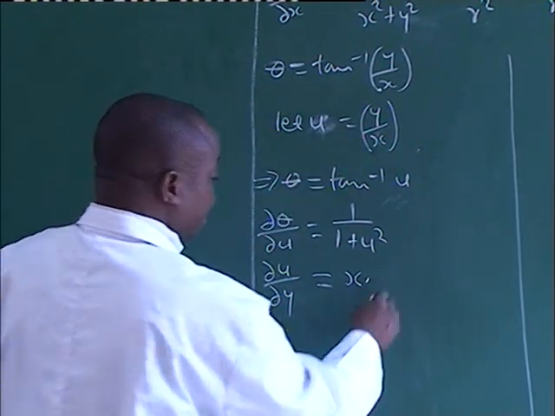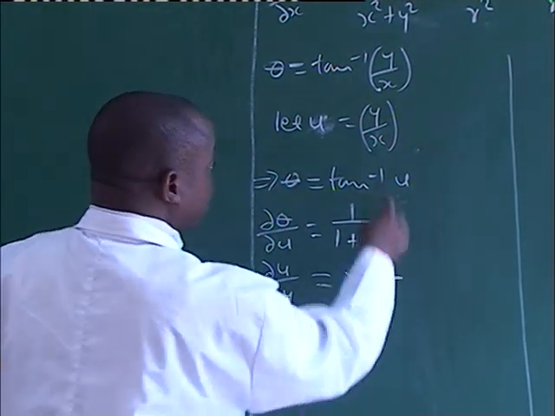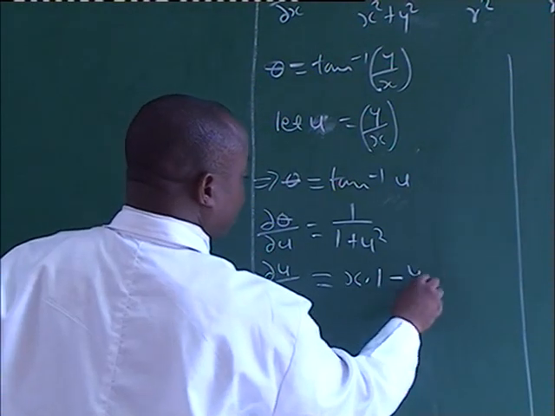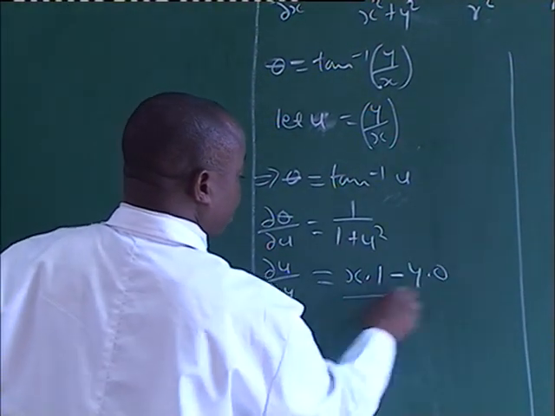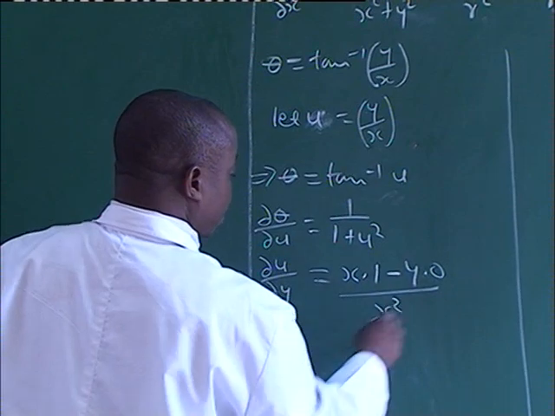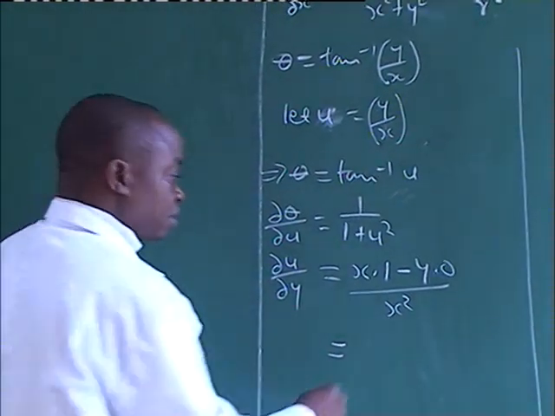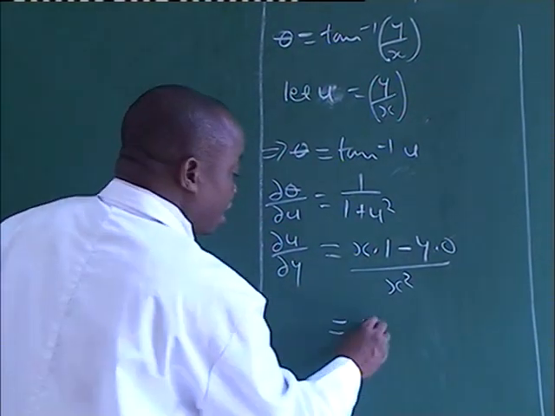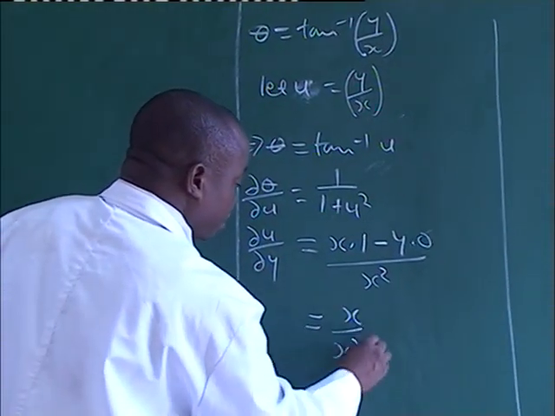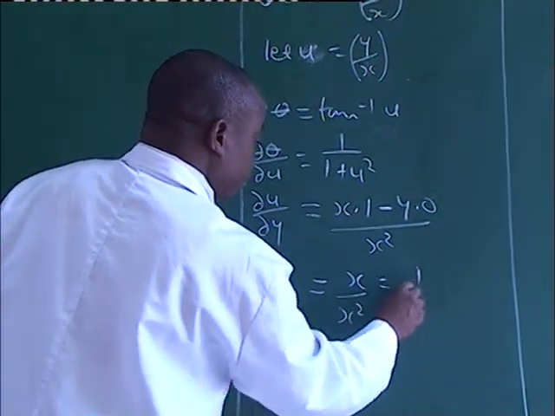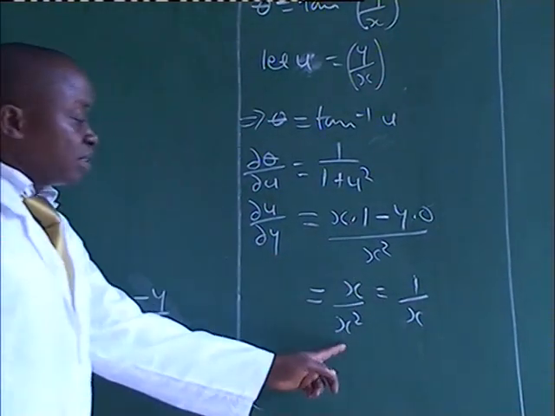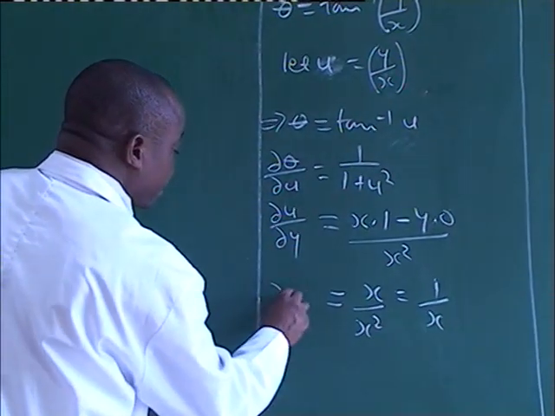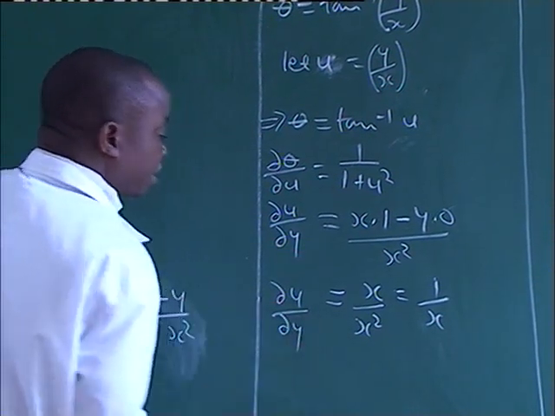Then if I differentiate this, I have 1 minus y times 0 over x squared. Now this will be 0, this times 0 has gone. So I have x here. I have x over x squared, which is 1 over x. So that is partial u, partial y.